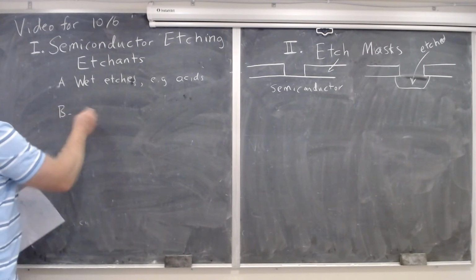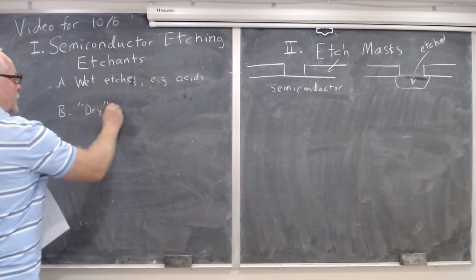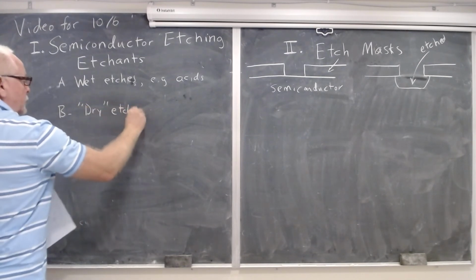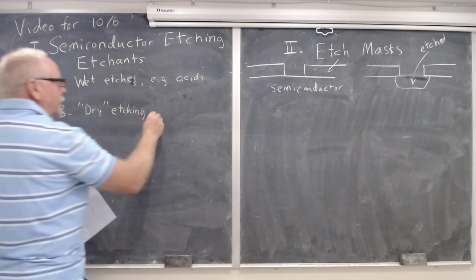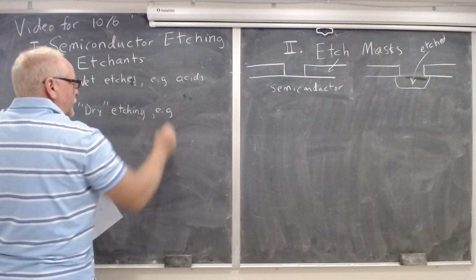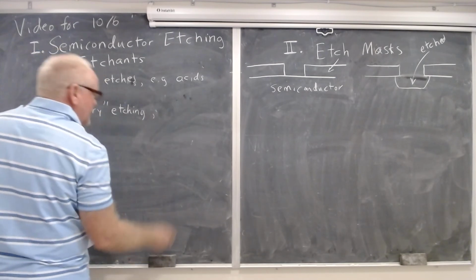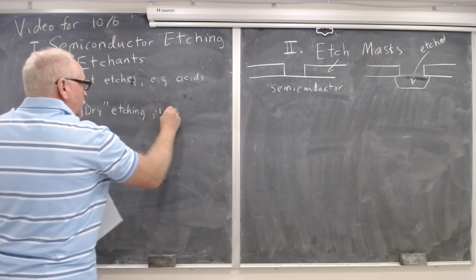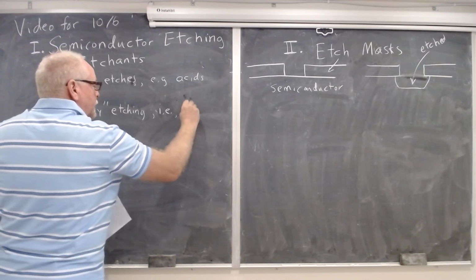B is called dry etching. Because it doesn't involve anything wet, a liquid, but it's particularly, in fact, I could almost say RIE because it's always a plasma.